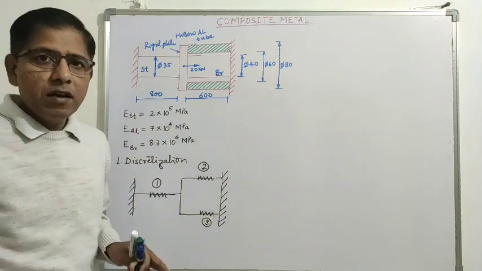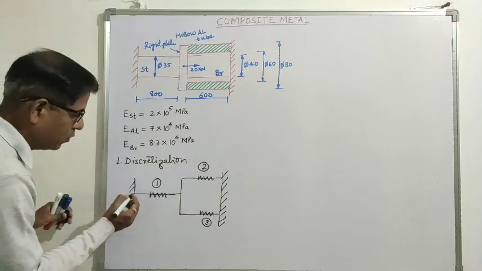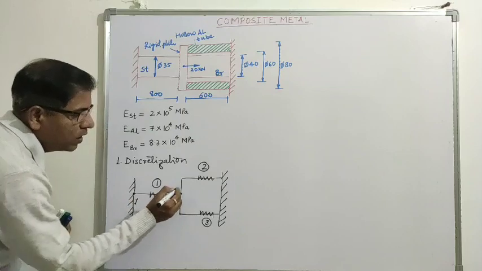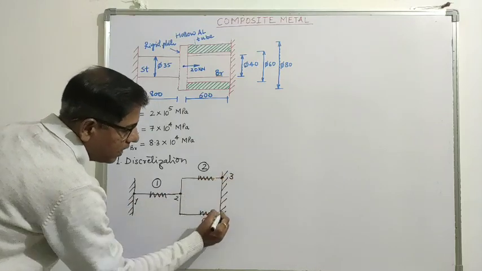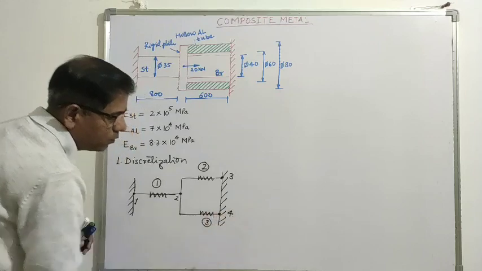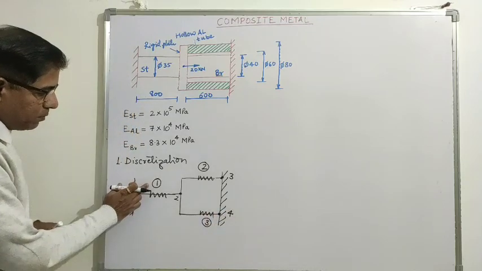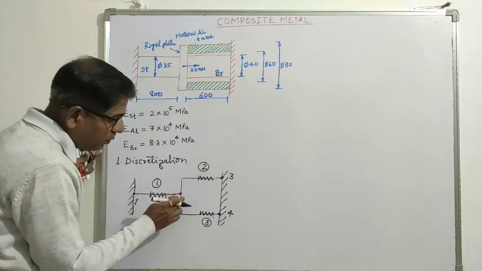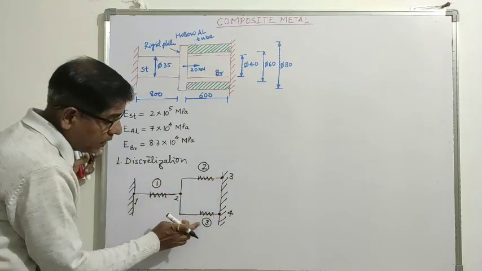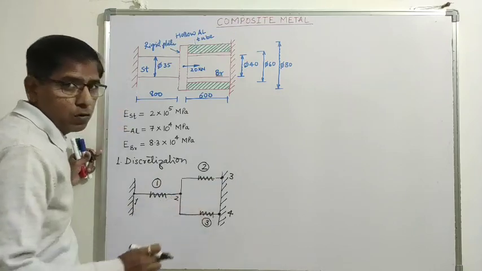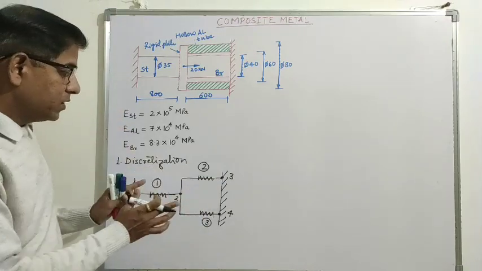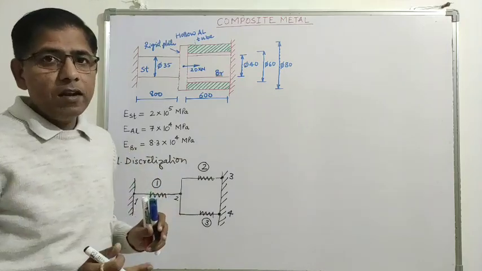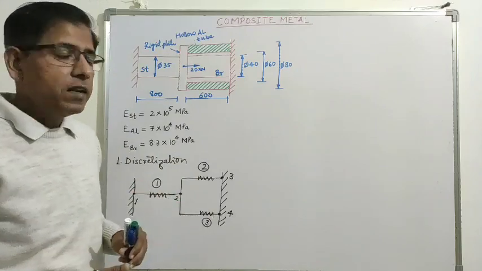Now these are the elements. Now nodes. This is node number 1, node number 2, node number 3, and node number 4. Element number 1 is made up of nodes 1 and 2. Element number 2 is made up of nodes 2 and 3, and element number 3 is made up of nodes 2 and 4. See the difference when the two elements are placed parallel to each other as compared to when they are in series.